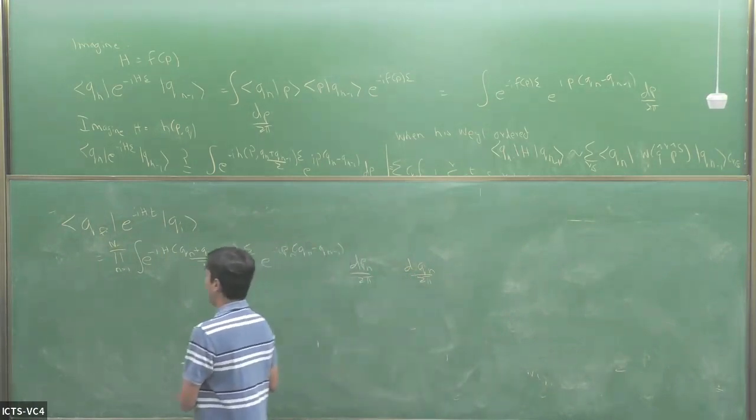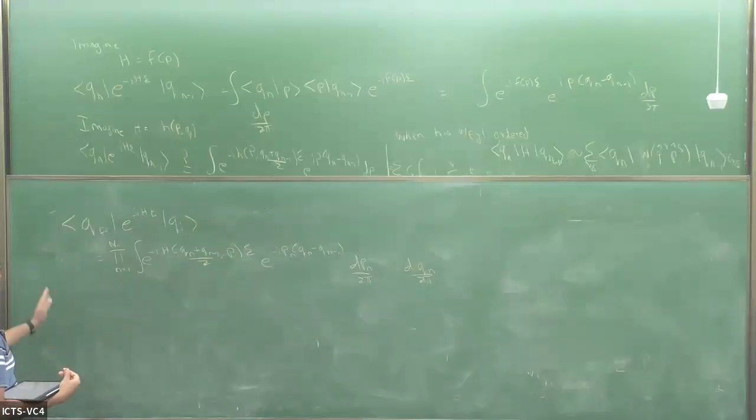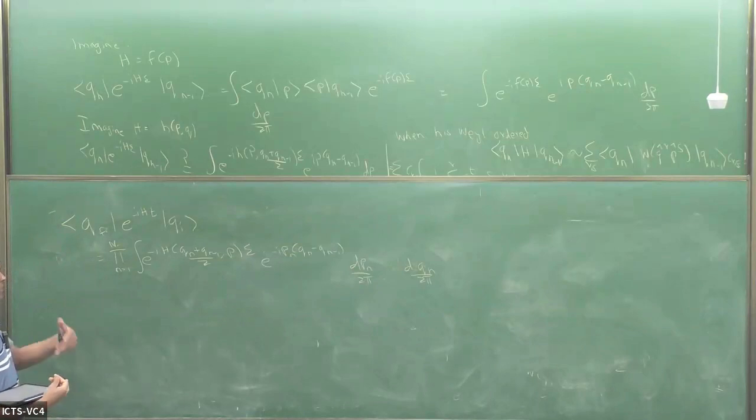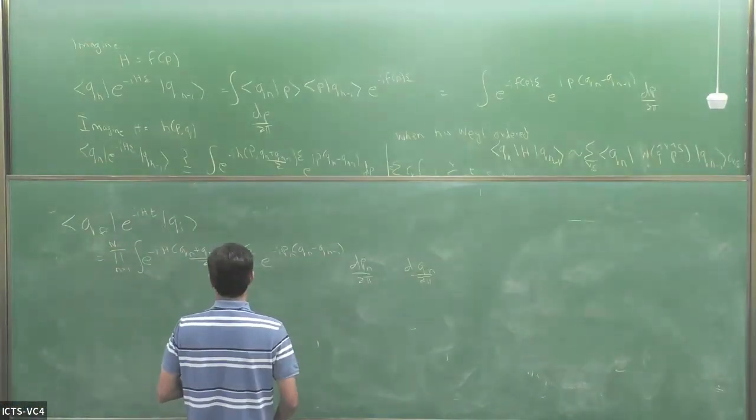So if you take this product over matrix elements, you also have to do the integral of that over all of these dqn by 2 pi's. I should write this as a different product.